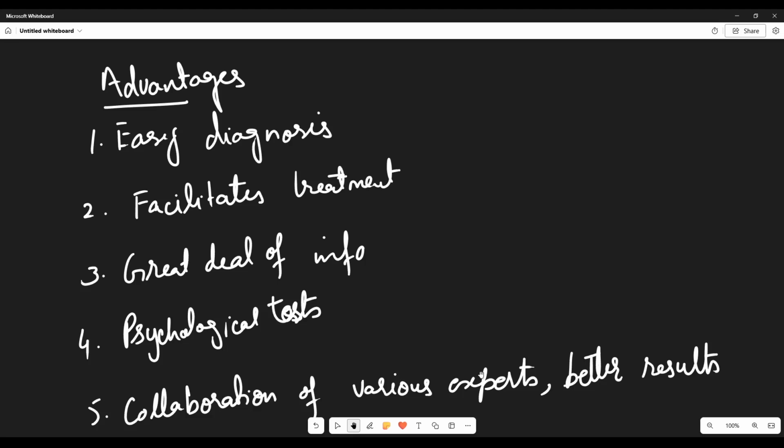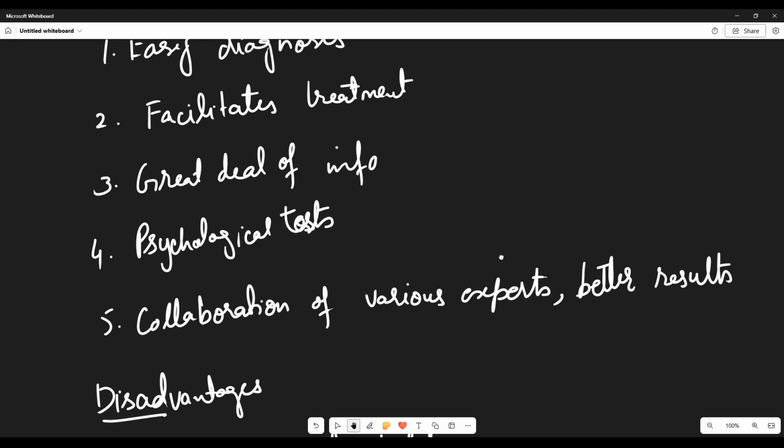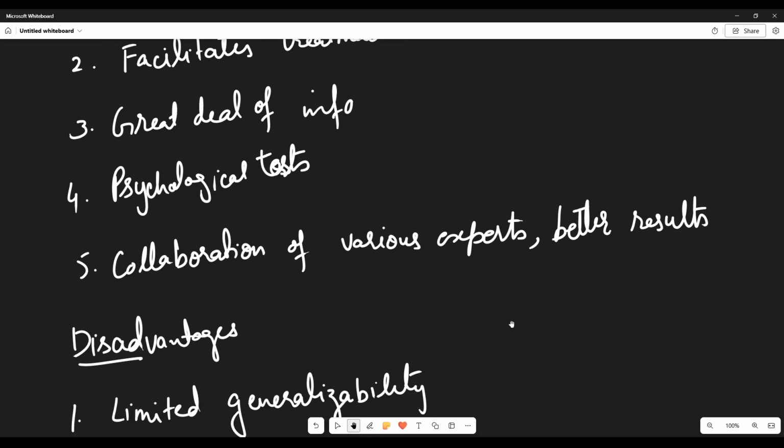Like all research methods, case history method or clinical method also has some advantages and disadvantages. Now, first we study the advantages of this method. It makes the diagnosis easier. It facilitates the treatment. It collects a great deal of information about the individuals. Psychological tests can be administered, and various experts work together, and better results can be drawn about an individual's personality and behavior.